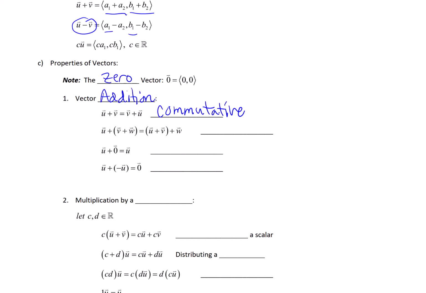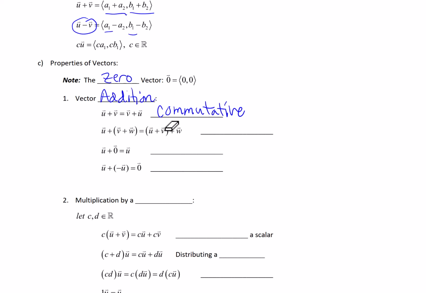Or similarly, you'll find this familiar. If you have vector u, so here's our second property, you have vector u plus, in parentheses, vector v plus vector w, parentheses surrounding the v plus w as vectors. Well, it turns out that's equal to if you had vectors u plus v in parentheses and then plus w.